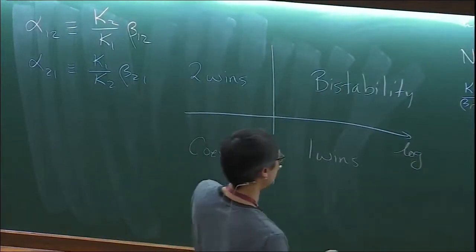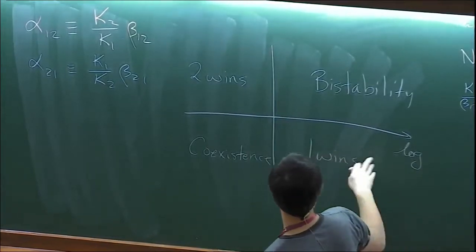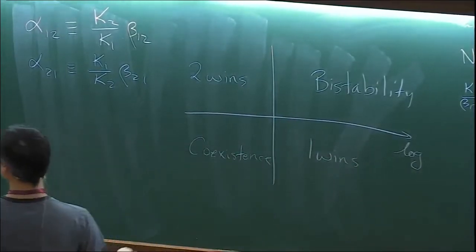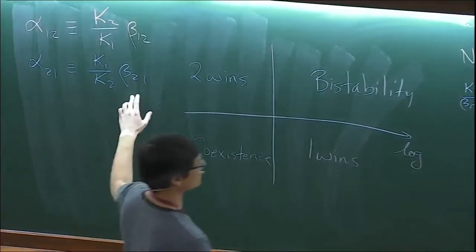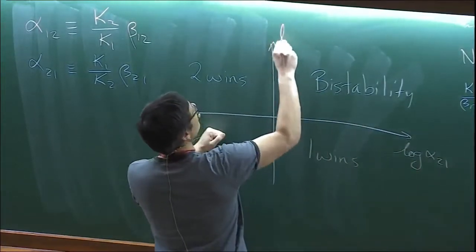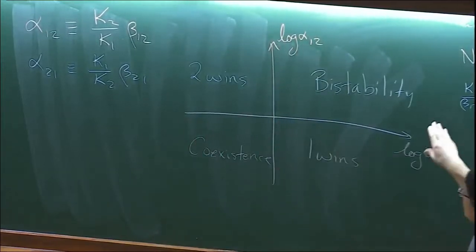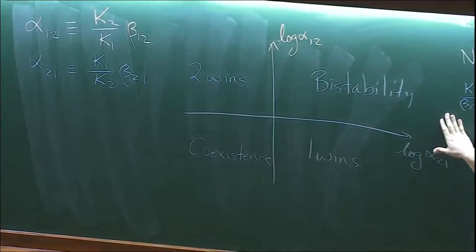All right, so this is a log of, okay, so species 1 wins if beta 2,1 is large. So this is alpha 2,1. This is log alpha 1,2.